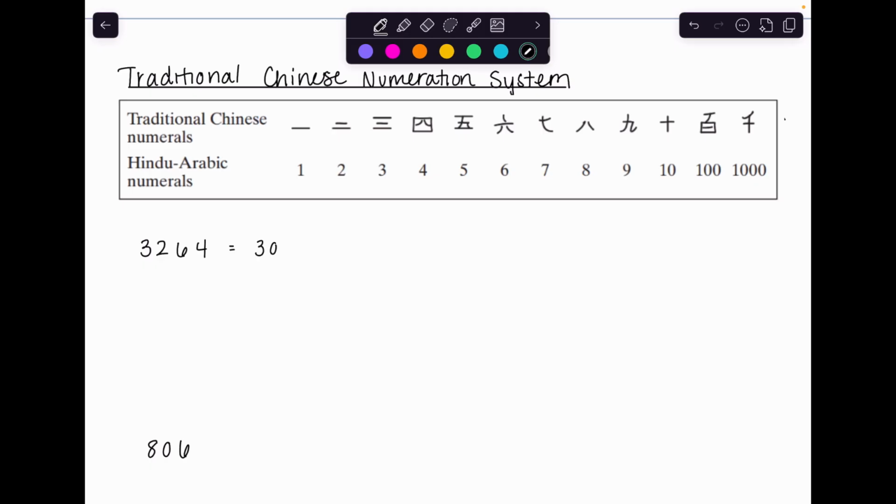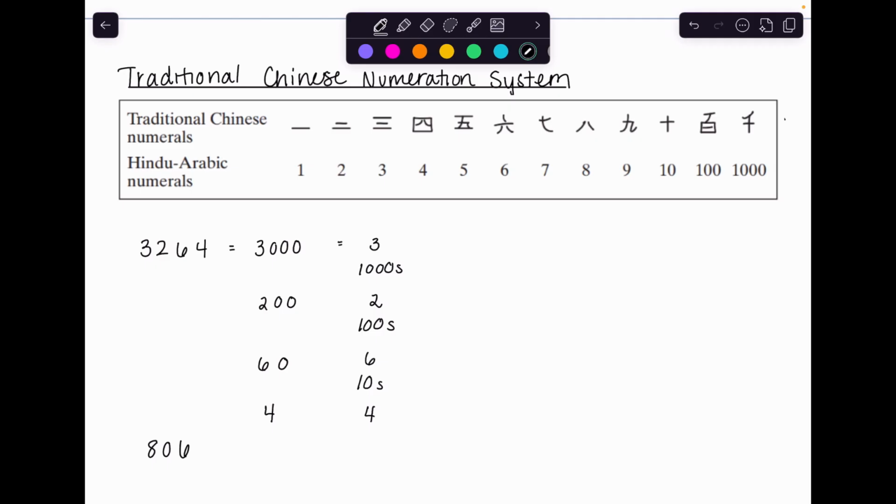So we have 3,264. So broken it down based on placeholders. This means we have 3 1,000s. We have 2 100s. We have 6 10s. And then we have 4 1s.